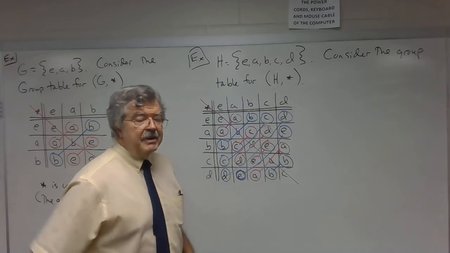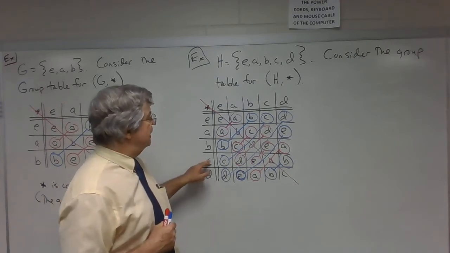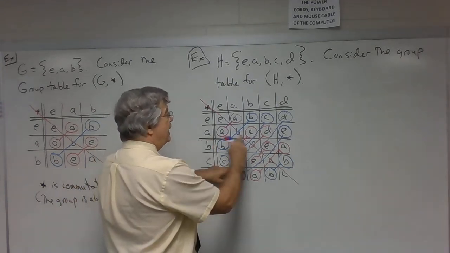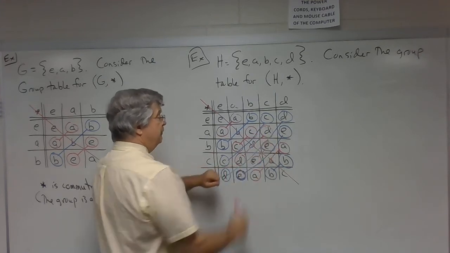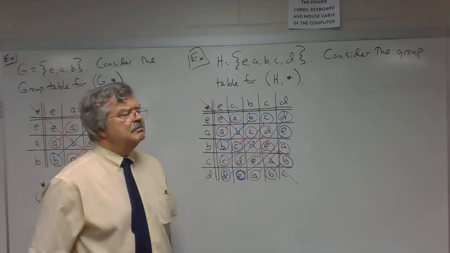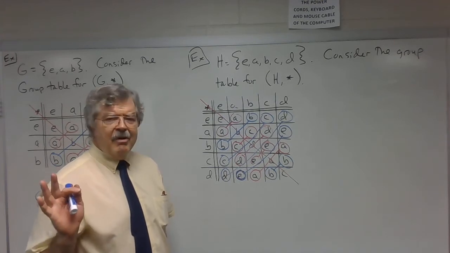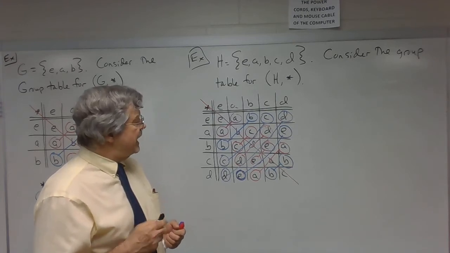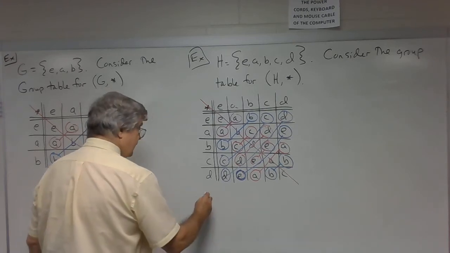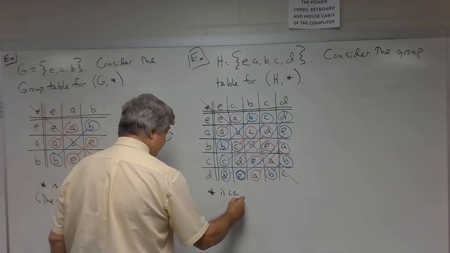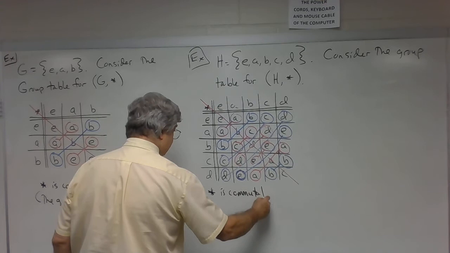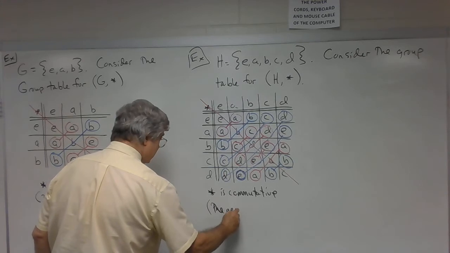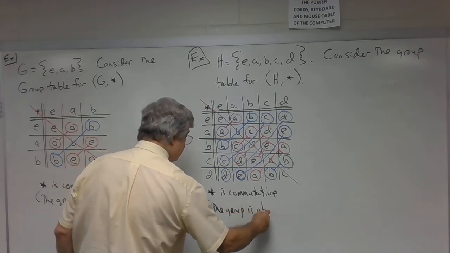So in each case, if we take an element, let's say in row C in column A, and match it up with the corresponding element in row A in column C, same element. And that happens for all ordered pairs. The table is symmetric about the main diagonal. So again, star is commutative, or we could say the group is abelian.